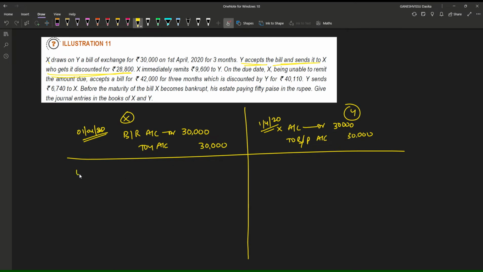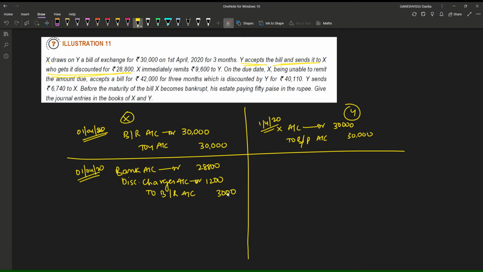So on the same date, on 1/4/2020 only, we are going to write the entry: bank account at R, discounting charges account at R to bills receivable account. 28,800, 30,000 minus 28,800, 1,200 is the discounting charges.